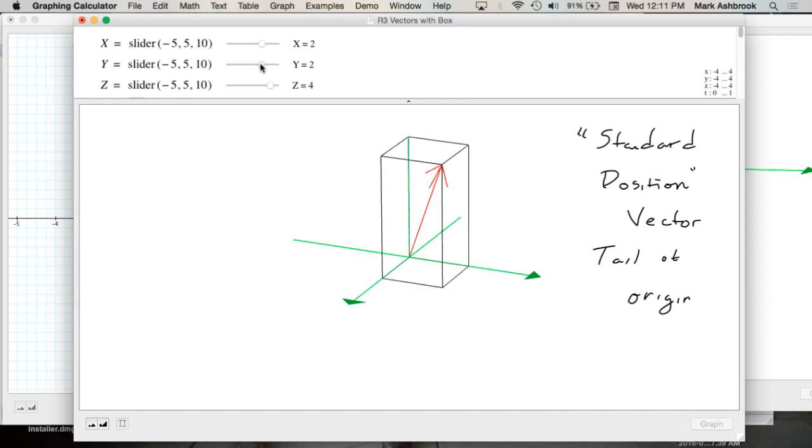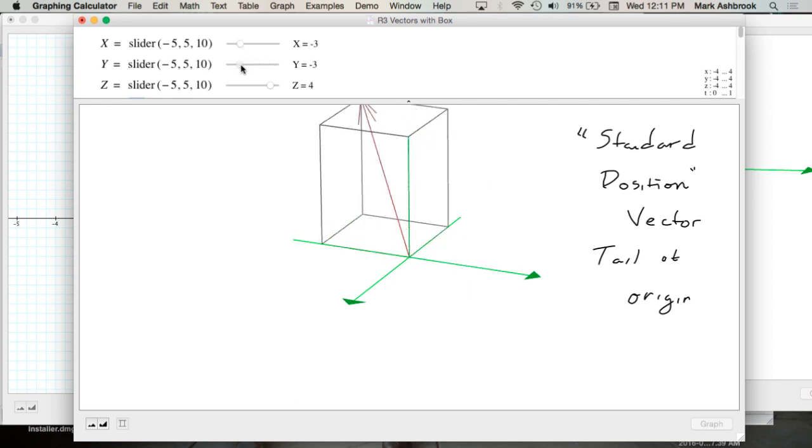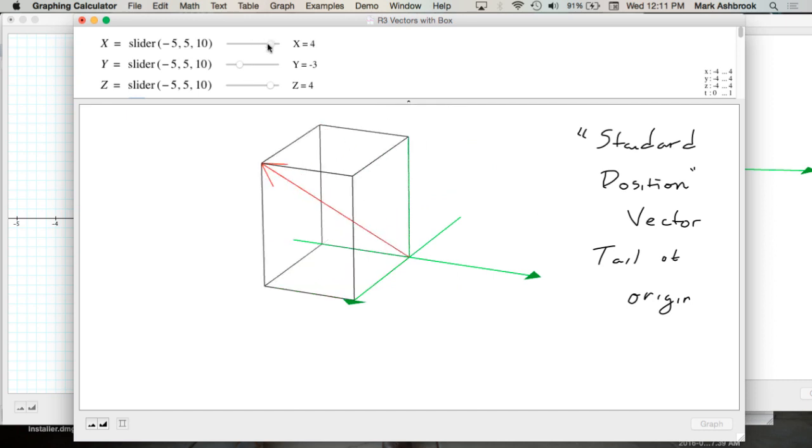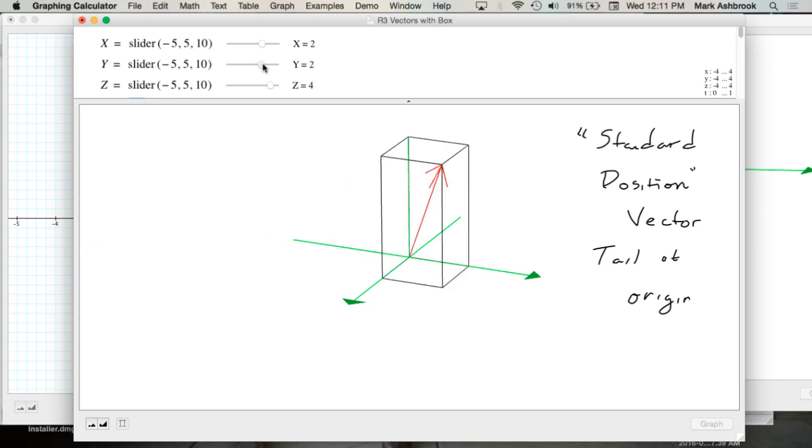First octant, second octant, third octant back there, fourth octant over here. So did I say that was 2, 3, 4? Okay, so this is standard position of this vector.